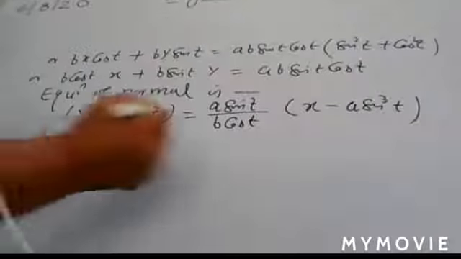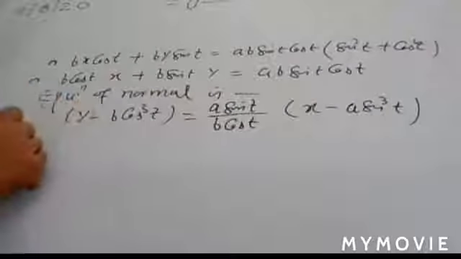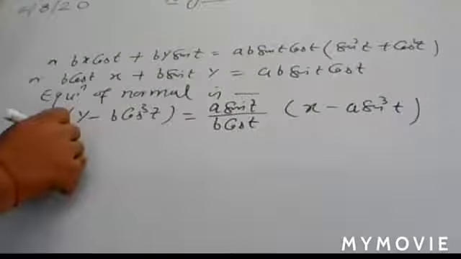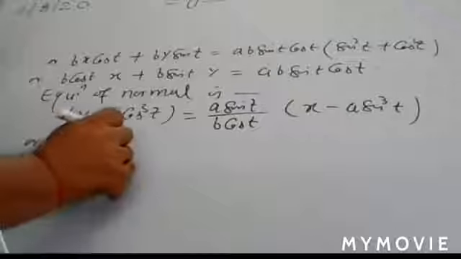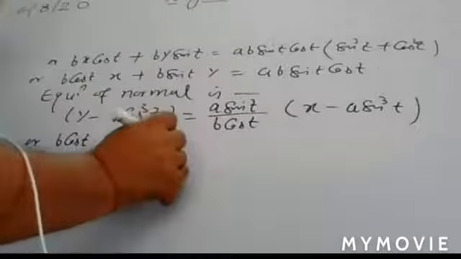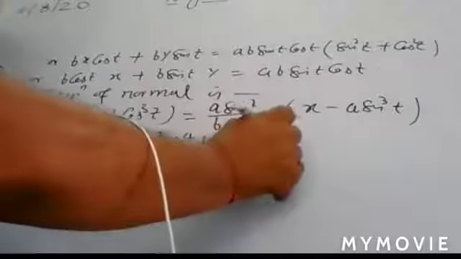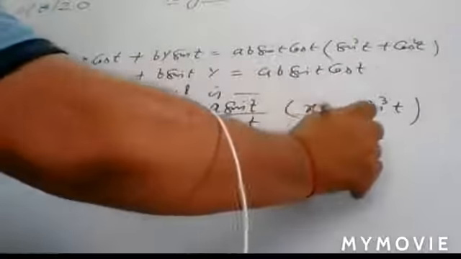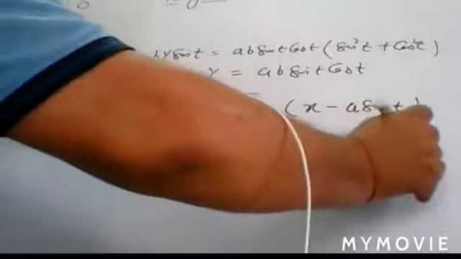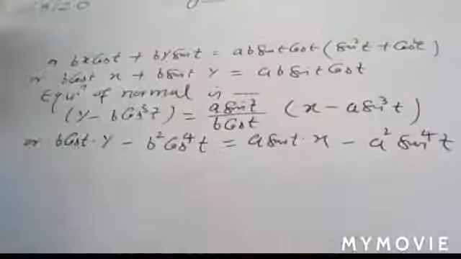So b cos t is multiplying here. You have b cos t into y minus b square cos to the power 4t is equal to a sin t into x minus a square sin to the power 4t.